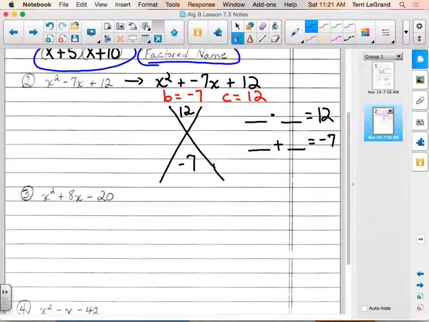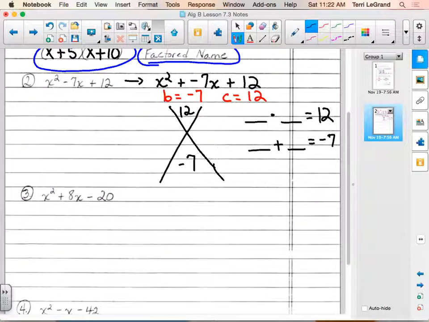So because they have to add up to be a negative, but yet multiply to be a positive, I already know they both have to be negative, because a negative times a negative is a positive, and a negative plus a negative is a negative.